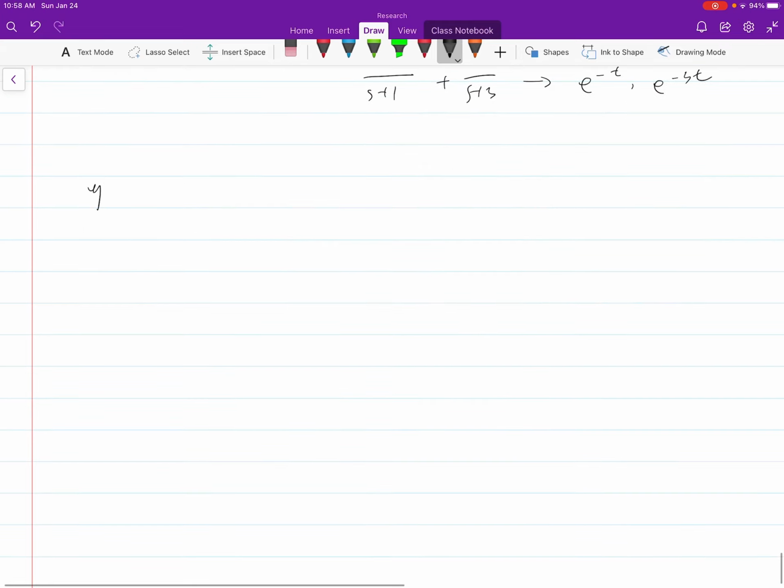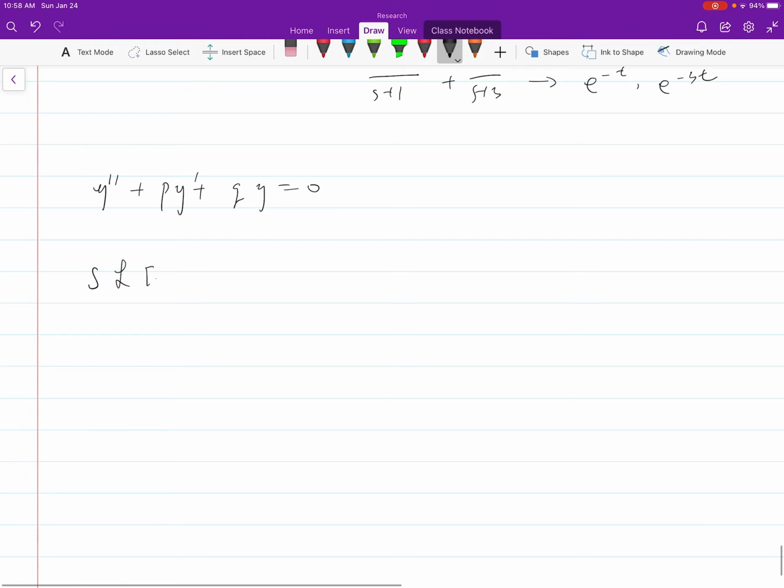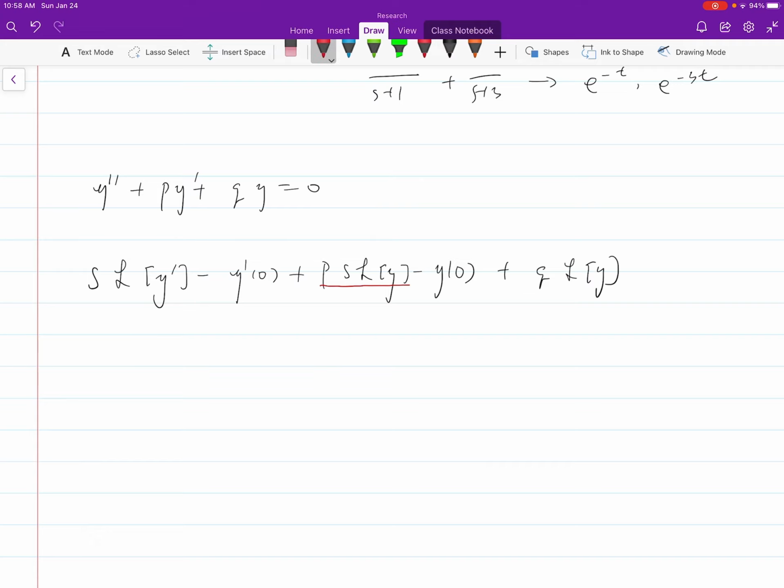Is it true? Is it true in general? Okay, let's do it. Ly prime, so. Okay, these are constants, but what you should pay attention to is actually here. And here.